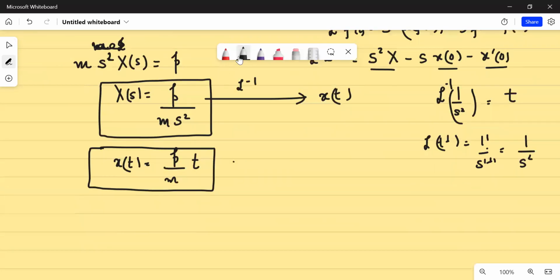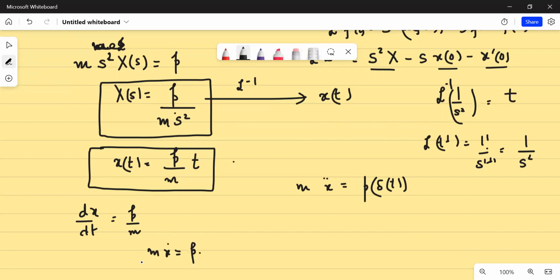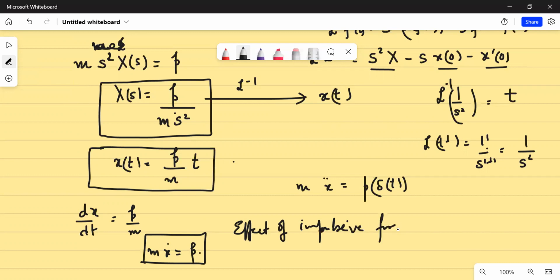And let's try to understand one more thing. So your particle was subjected to an impulsive force, and because of the impulse, there would be a momentum. From here I can write my dx by dt would be equal to p by m, or in other words, m x dot, which is the linear momentum, is equal to p. So what is the effect of the impulsive force p times Dirac delta of t?